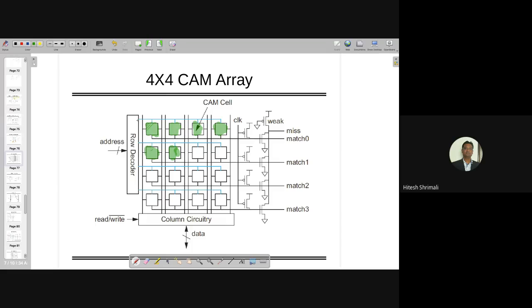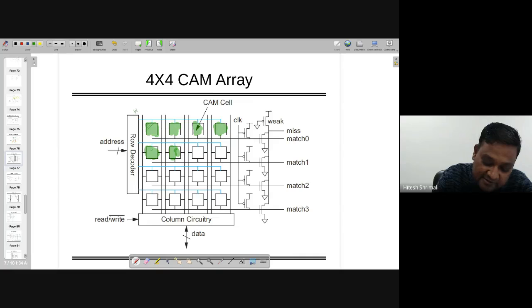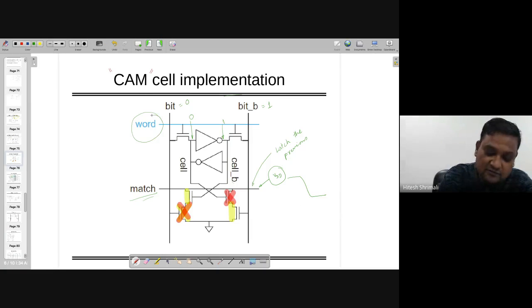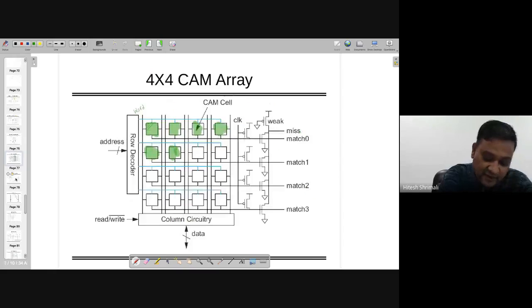Each horizontal line, which is coming from the row decoder, the blue ones, are all word lines. The word line will tell you which address has to be checked or matched, right? Same as we are doing for the case of SRAM or DRAM, right?